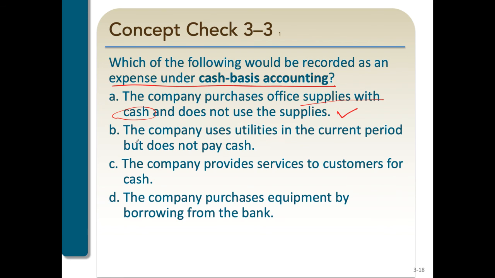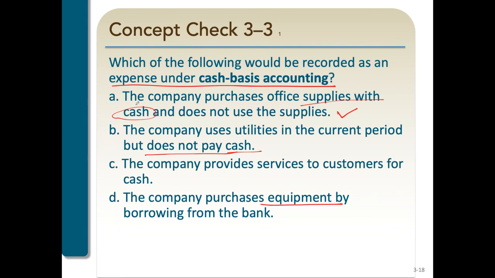B, the company used utilities in the current period but does not pay, so no cash outflow, hence it's not recorded. C, the company provides service to customers for cash, so this is actually cash inflow, so it's not an expense. D, the company purchased equipment by borrowing from the bank. As we said, the equipment is an asset, right?